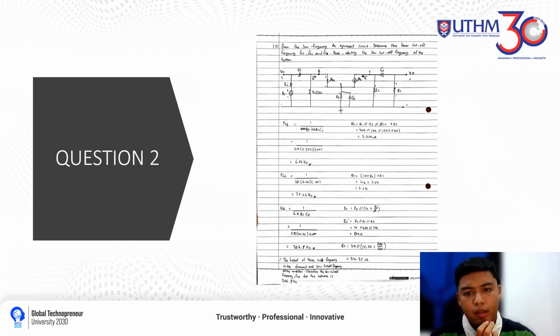For the FLE, I get 3 to 6.8 Hz. Then for the RT, I have 2.32 k ohm. For the RS, I get 589 ohm. And for RT, I get 24.35 ohm.